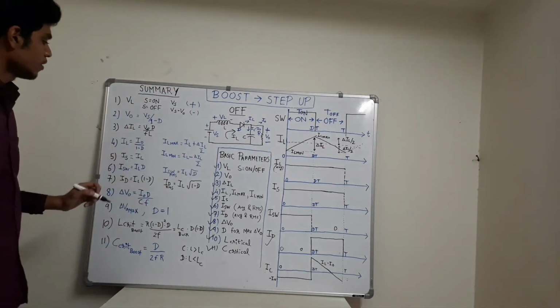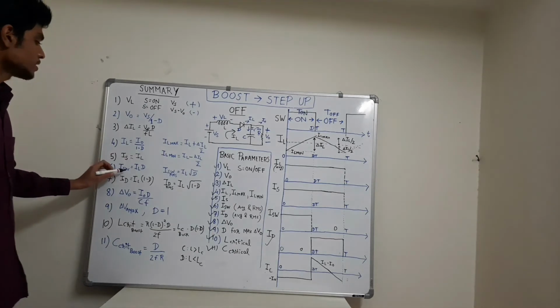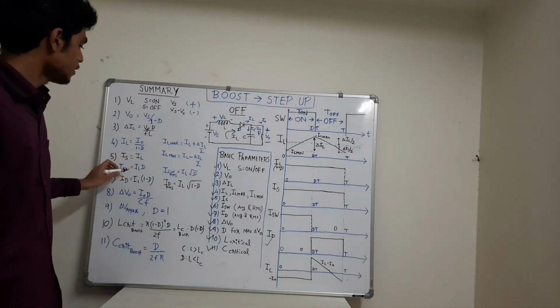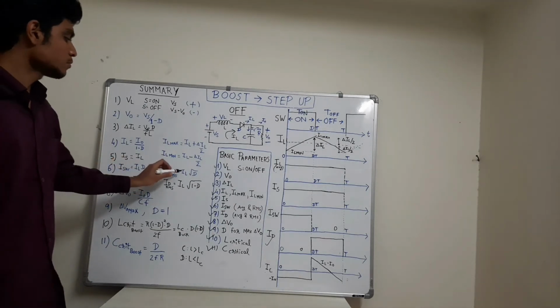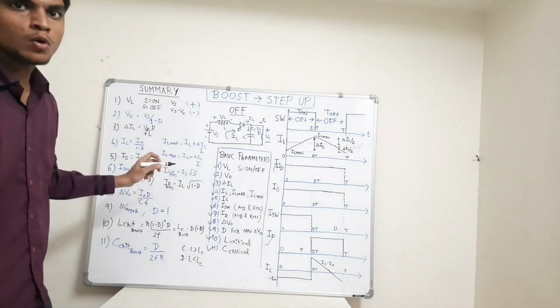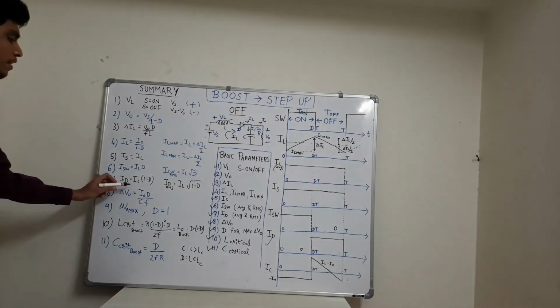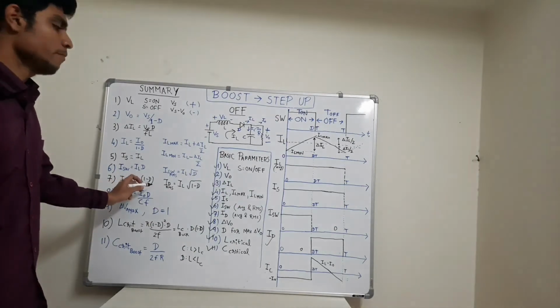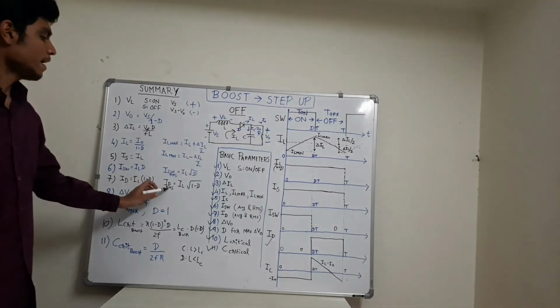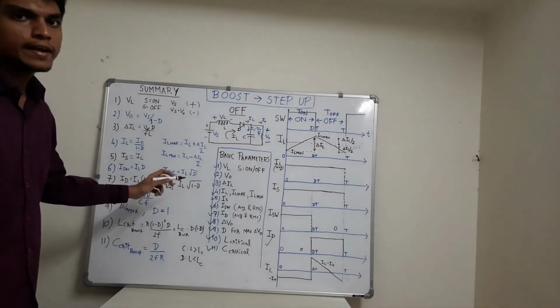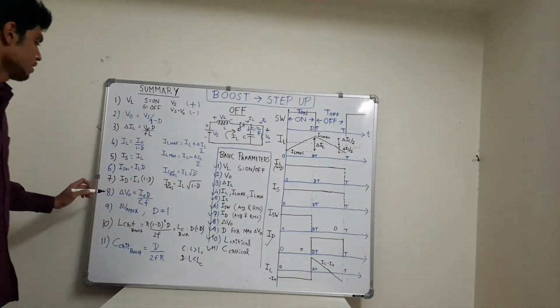And IS is equal to IL. The switch current average value is equal to IL into D, and RMS value is equal to IL into root D. The diode current average value is equal to IL into (1 minus D), and RMS value is equal to IL into root of (1 minus D).